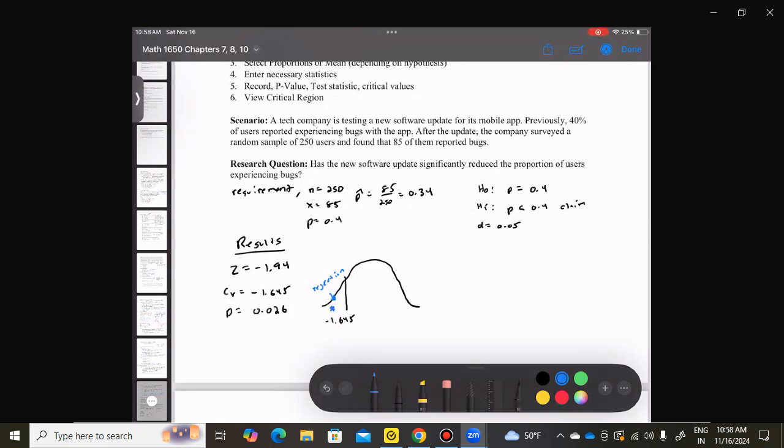And so from this, we can say we will reject the null hypothesis. And then we look at our p-value. Our p-value is 0.026, which is less than 0.05. So again, we reject the null hypothesis.